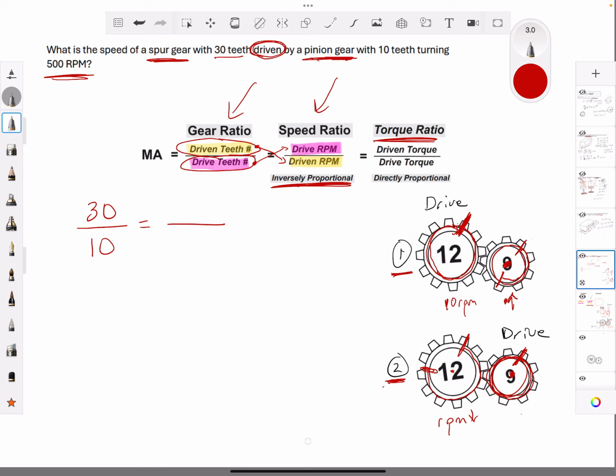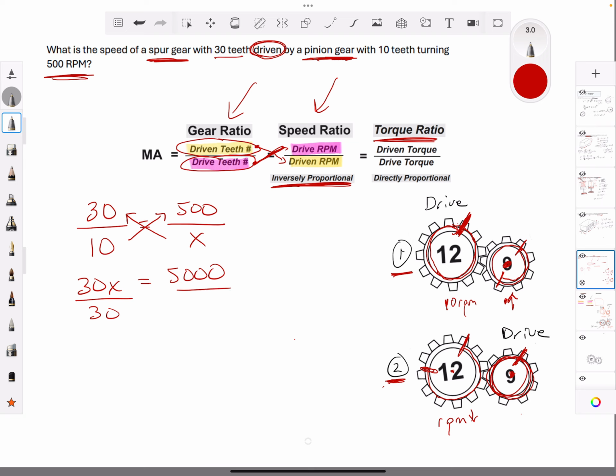Okay, so whenever I'm setting this problem up, these two go together. The drive is going to go over here with 500 RPM, and what we're trying to solve for is going to be this speed. I'm just going to use X for the variable, and we're going to cross multiply. So we'd have 30X equals 10 times 500, which is 5,000.